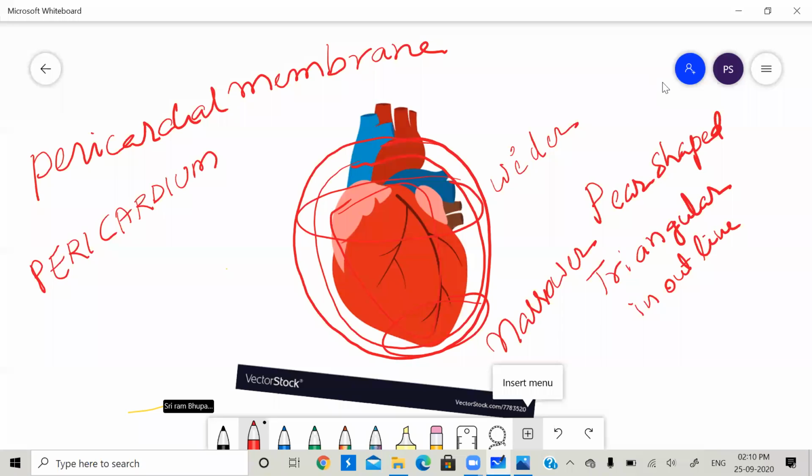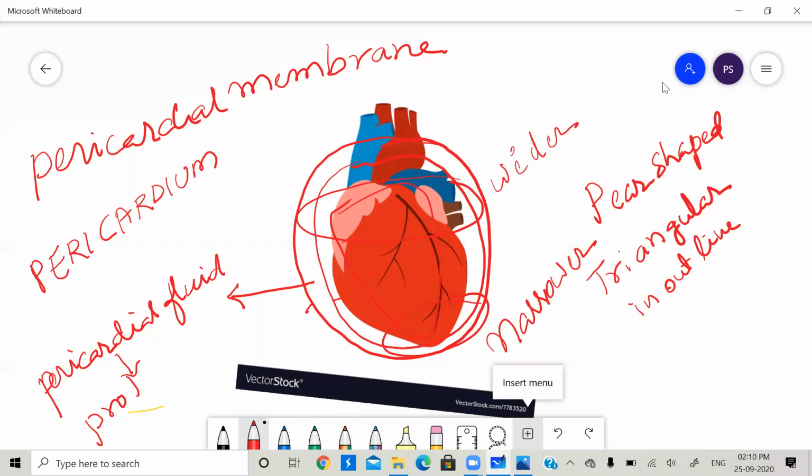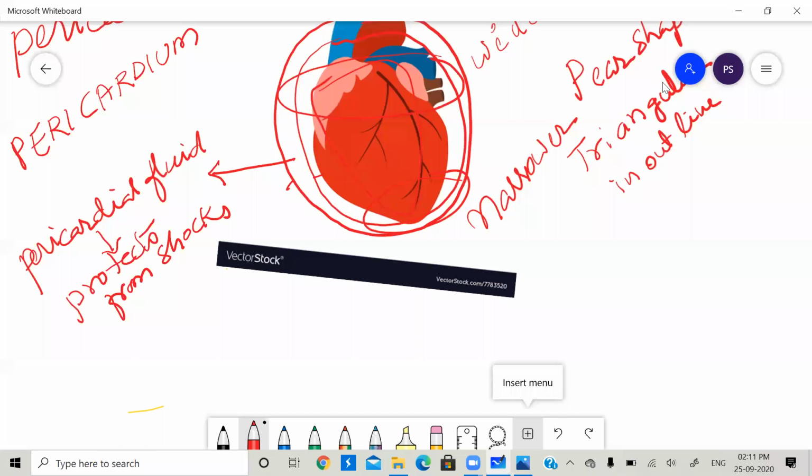Then the space between these two membranes, this is the outer membrane, this is the inner membrane, is filled with a fluid that is called pericardial fluid.